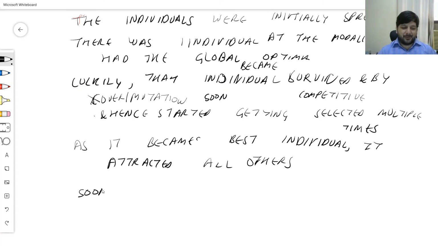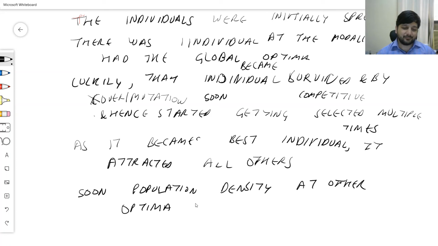So soon the population density at other optima reduced eventually to 0, and the global optima modality had all individuals.